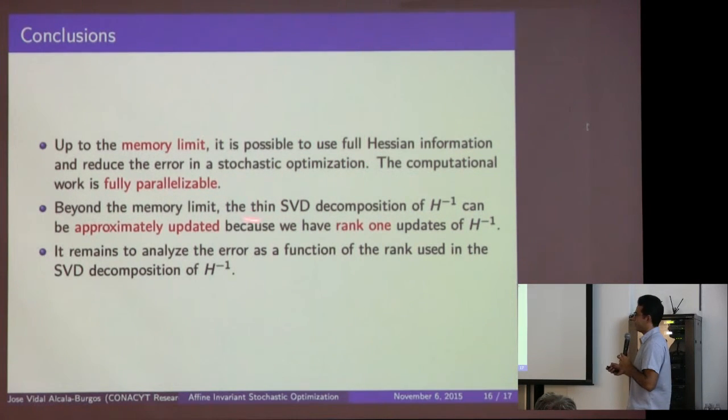So here, I probably can get up to 4,000 with the rank decomposition. But anyway, that's work to be done. And moreover, analyze how the error is decreasing as we increase the rank of the SVD approximation.